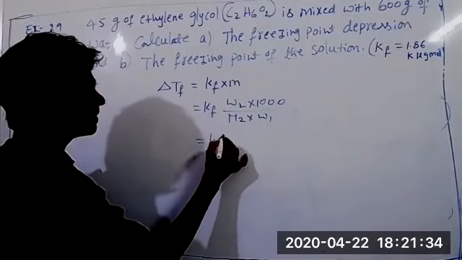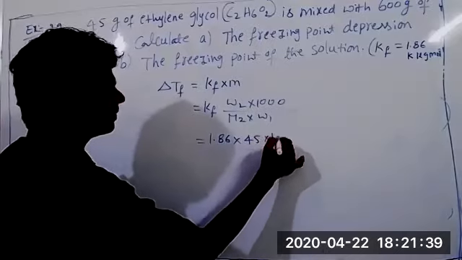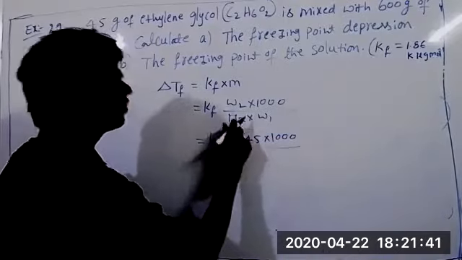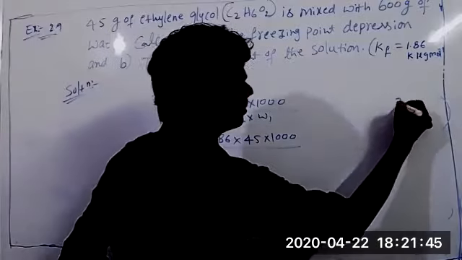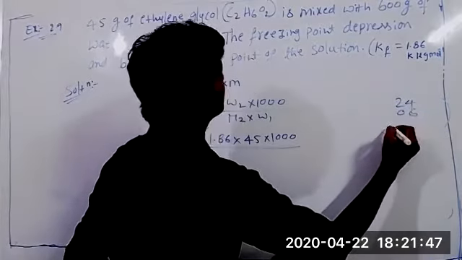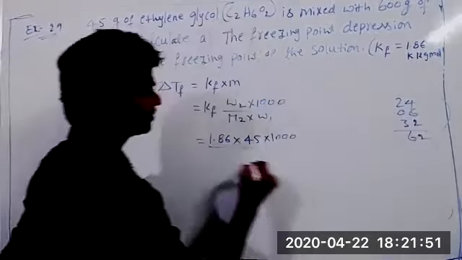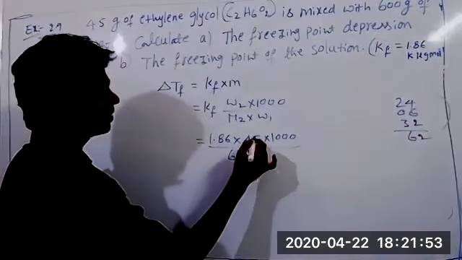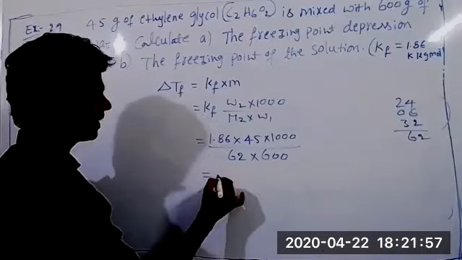Kf is 1.86 into W2, 45 grams, into 1000, divided by the molar mass of ethylene glycol C2H6O2: 24 plus 6 plus 32, 62, into W1, mass of water, 600 grams. Final value of delta Tf.